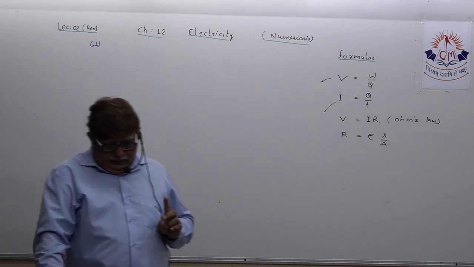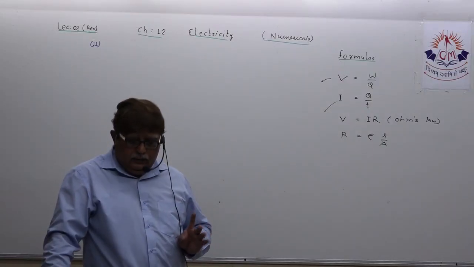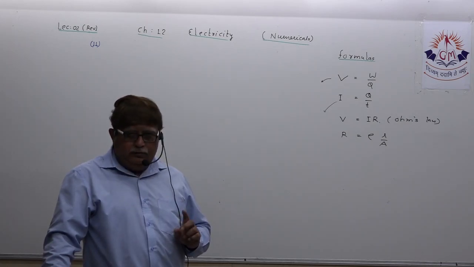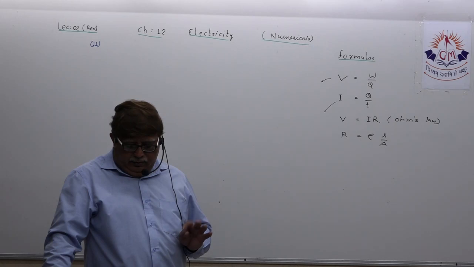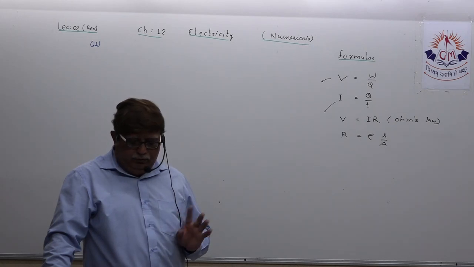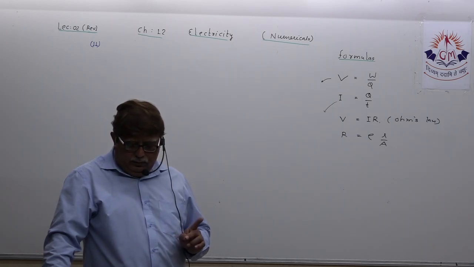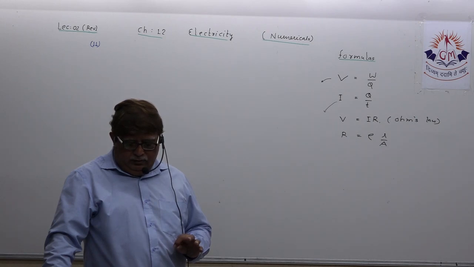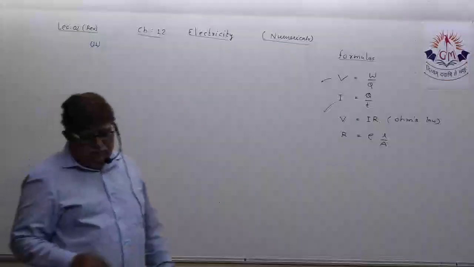The potential difference between terminals of an electric heater is 60 volt when it draws a current of 4 ampere from the source. What current will the heater draw if the potential difference is increased by 120 volt? Okay. Now, dear student, target this numerical.